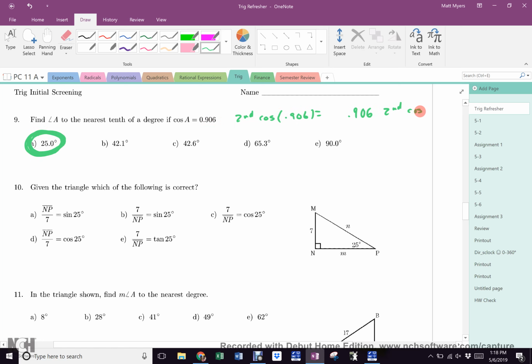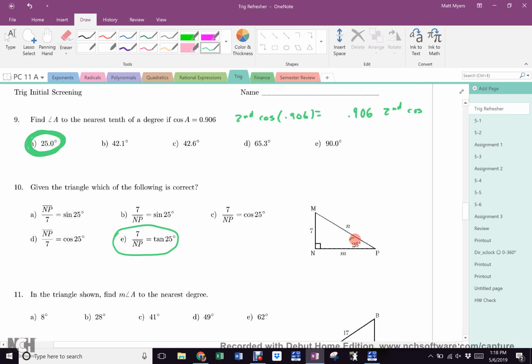Which of the following is correct? E? I have heard someone say E. E is correct. Anybody need it explained?